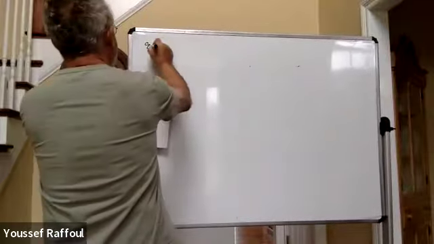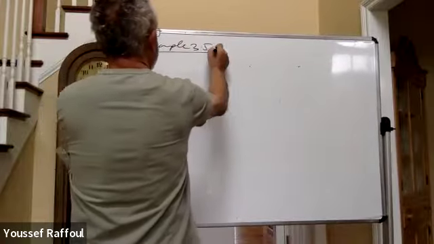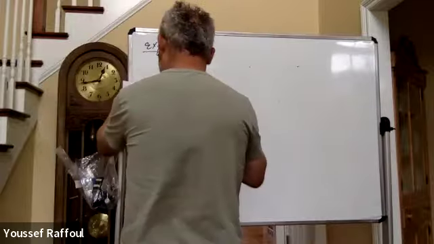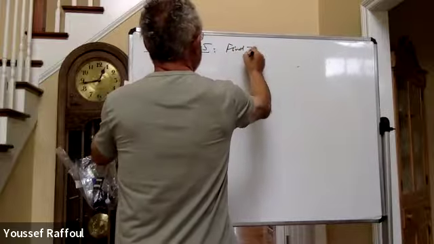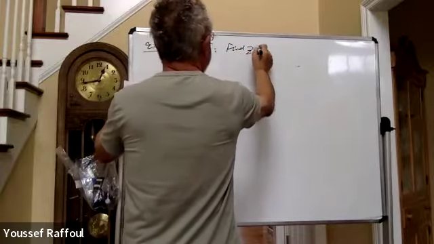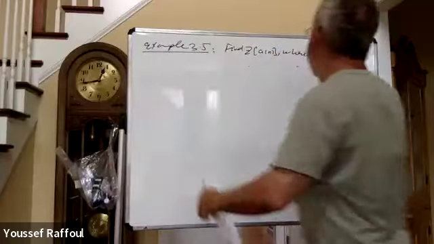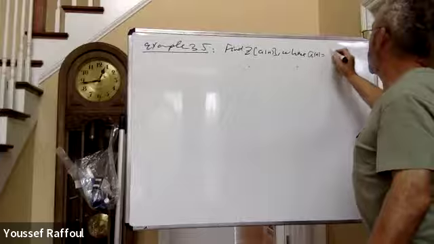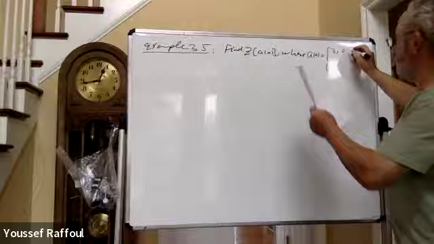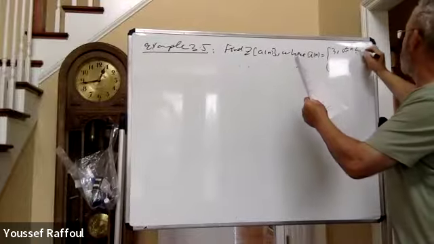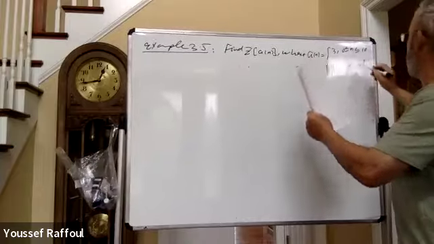All right, so this is another example. Example 3.5. Find Z of an, where an is 3 for 0 less or equal to n less or equal to 10, and 4 for n bigger or equal to 11.